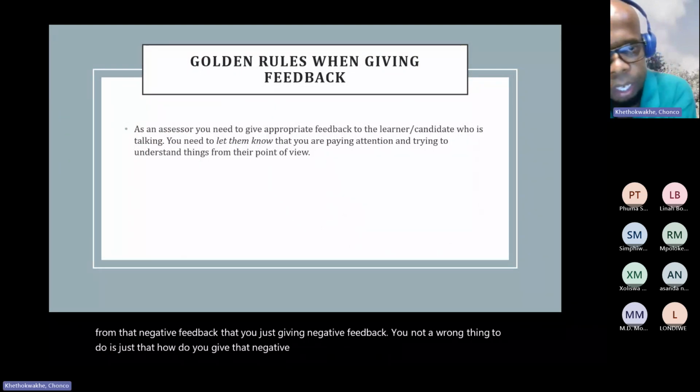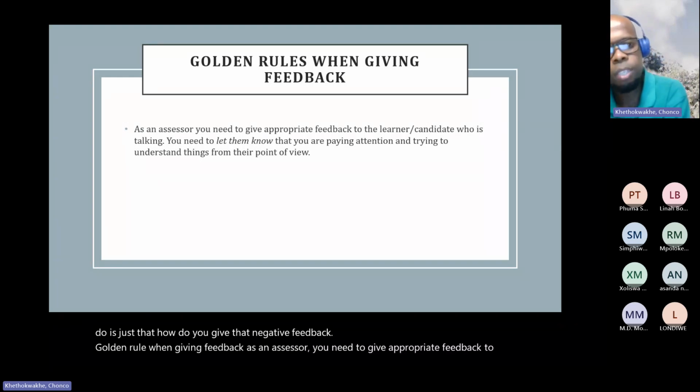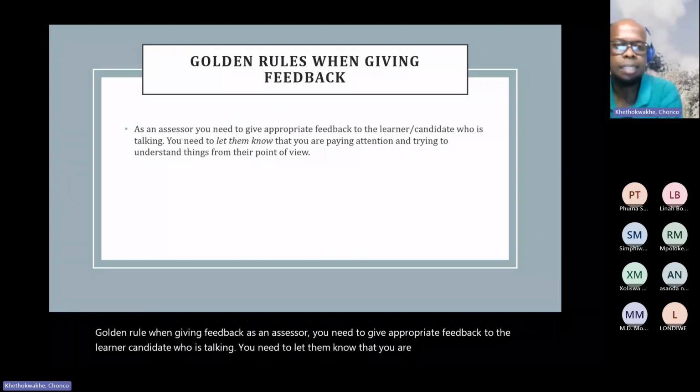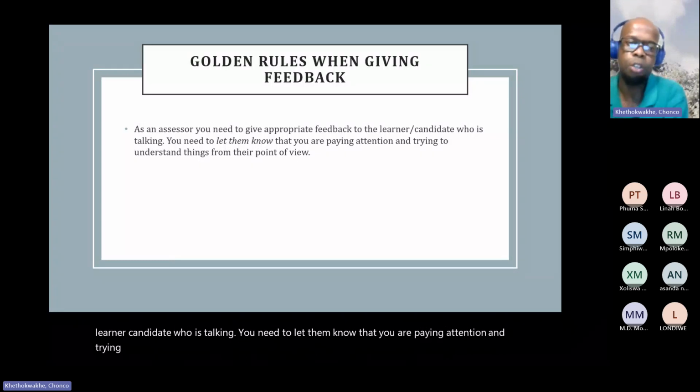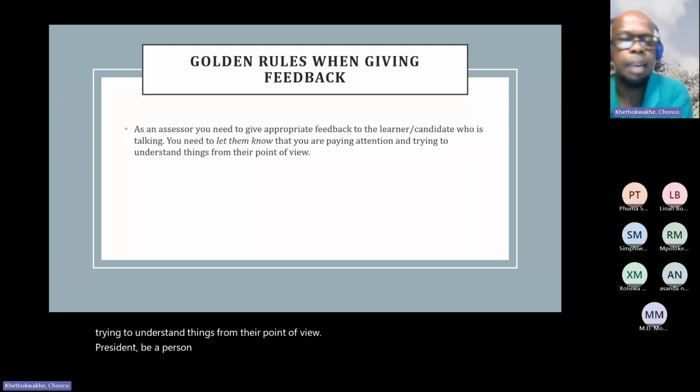And then the golden rule when giving feedback. As an assessor, you need to give appropriate feedback to the learner or candidate who is talking. You need to let them know that you are paying attention and trying to understand things from their point of view. Do not be like a president, be a person who is down to earth to them.